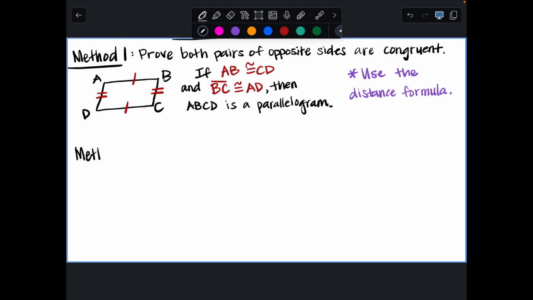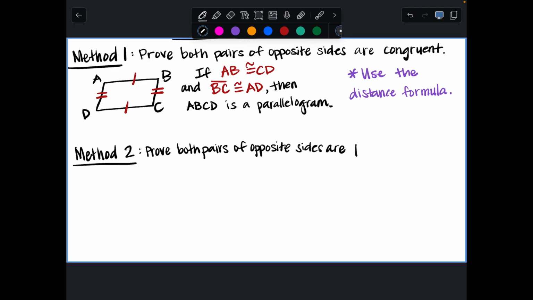Method 2. Prove both pairs of opposite sides are parallel. So here's our same parallelogram. But in this method, I would be proving that AB is parallel to DC and AD is parallel to BC.